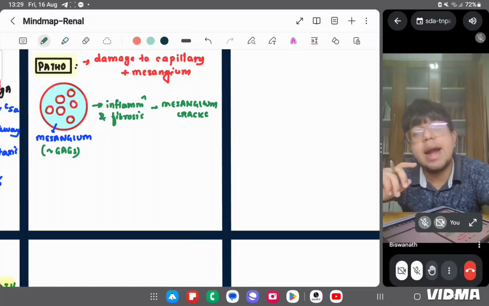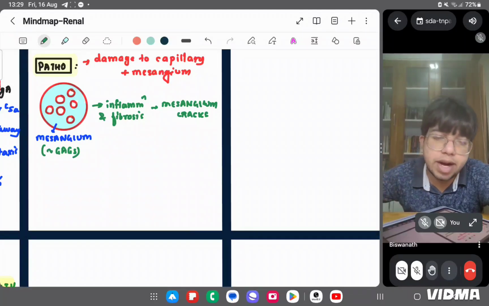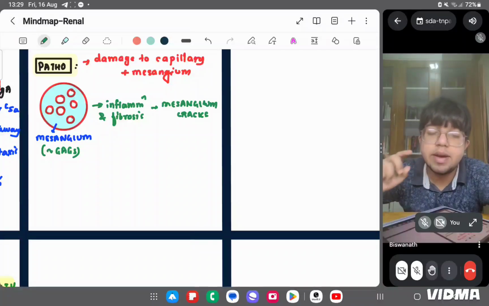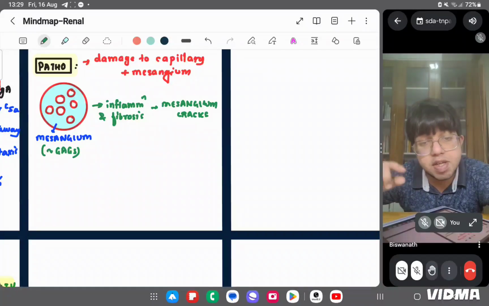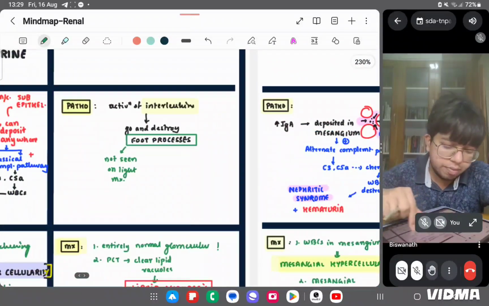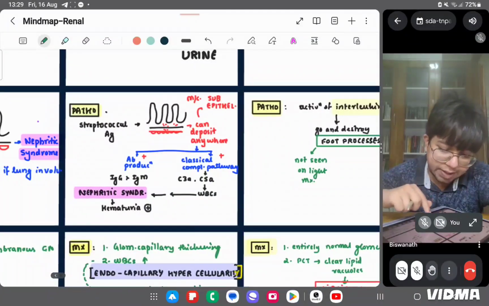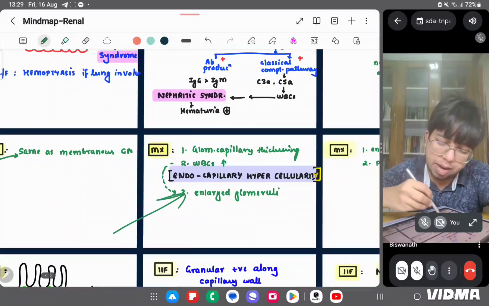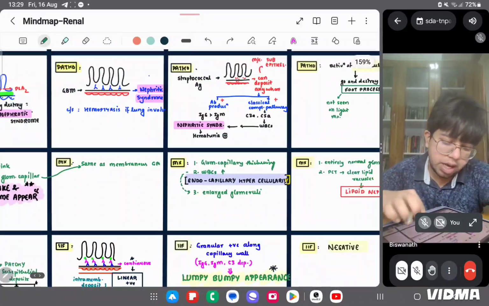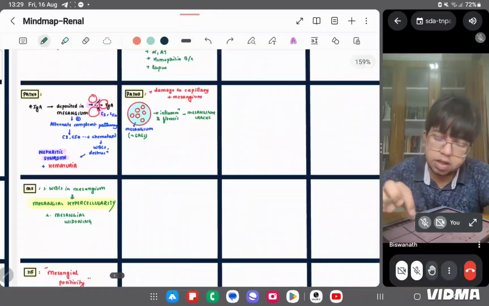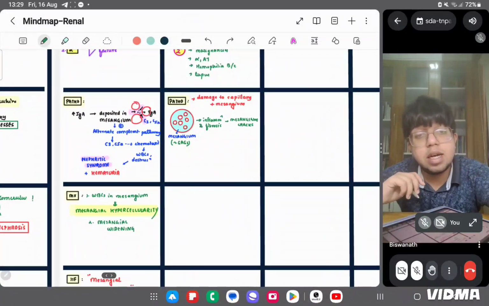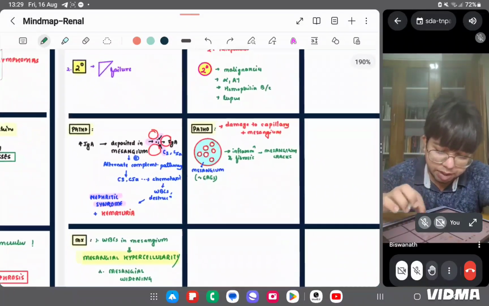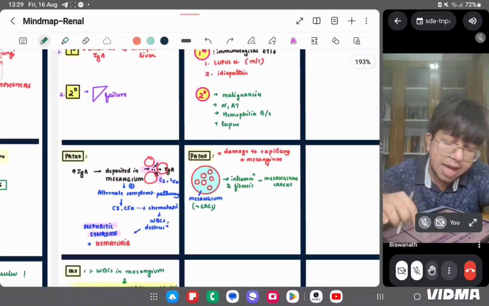In the microscopy, you will find mesangial and endocapillary hypercellularity. Endocapillary hypercellularity was also seen in post-streptococcal glomerulonephritis, and mesangial hypercellularity was present in IgA nephropathy.